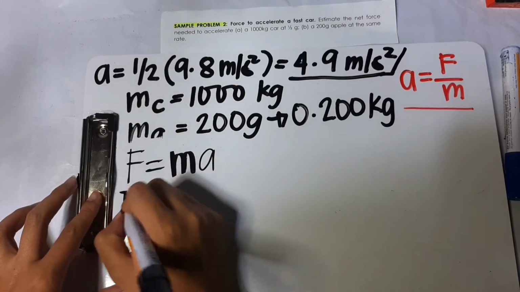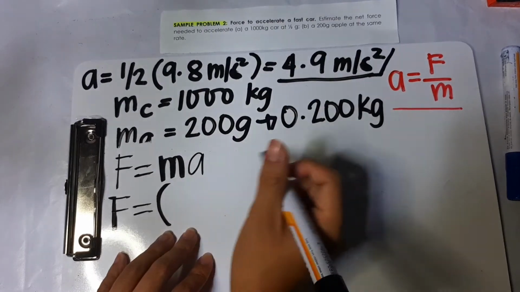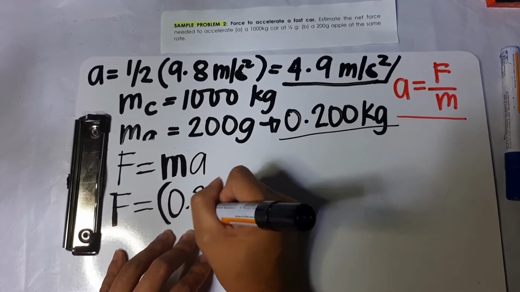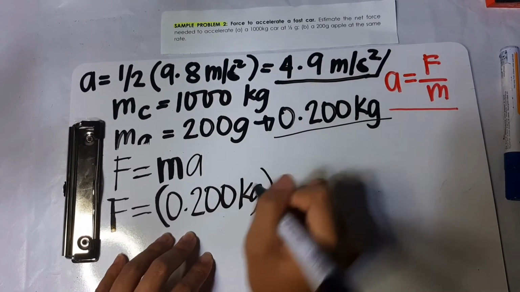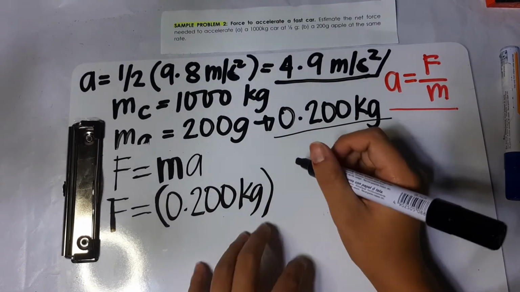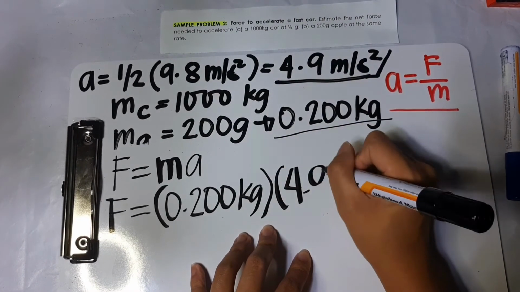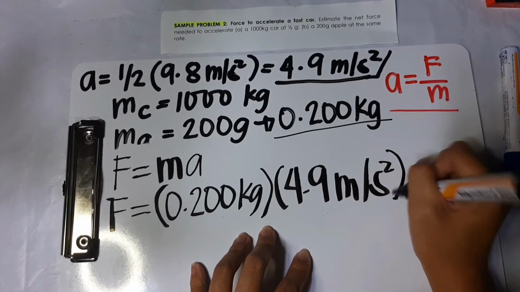So force is equal to the mass of the apple, which is 0.200 kilogram, times our acceleration, which is 4.9 meters per second squared.